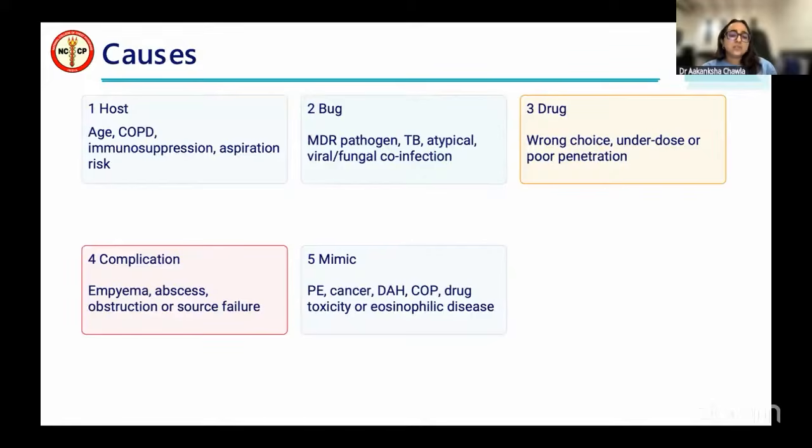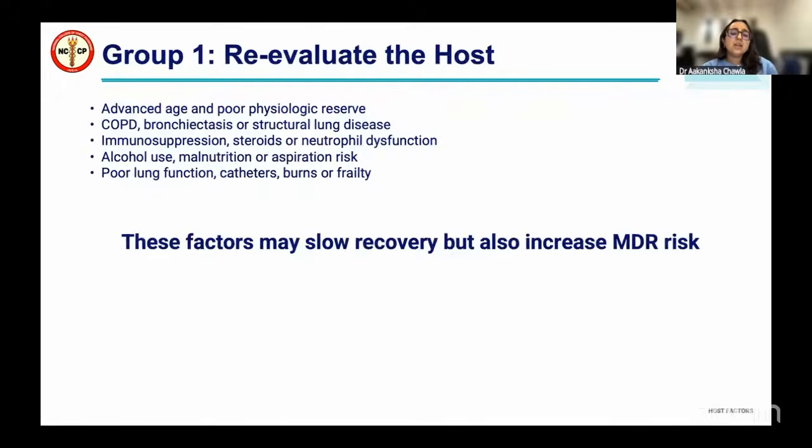Now, the causes for non-resolving pneumonia can be understood under 5 headings. That is the host, the bug, the drug, complications, and the mimics. Now, group 1 is re-evaluating the host. The host factors may slow recovery, but also increase the MDR risk.